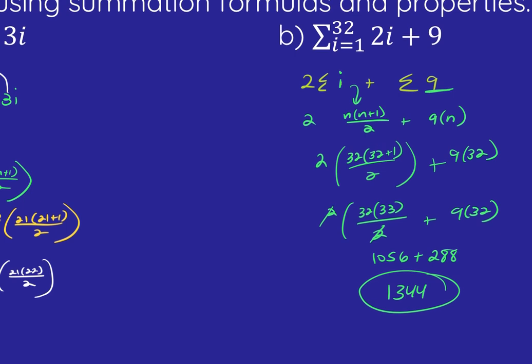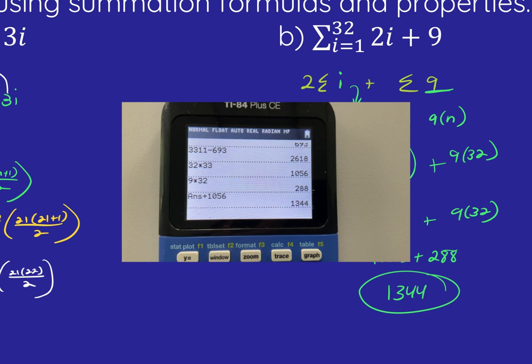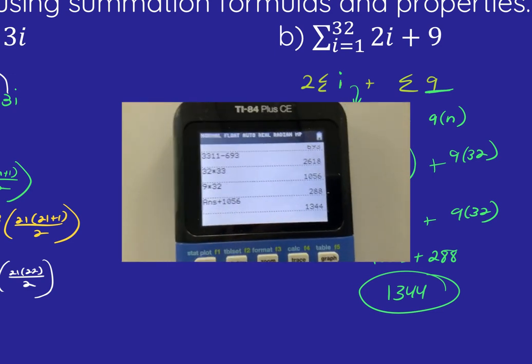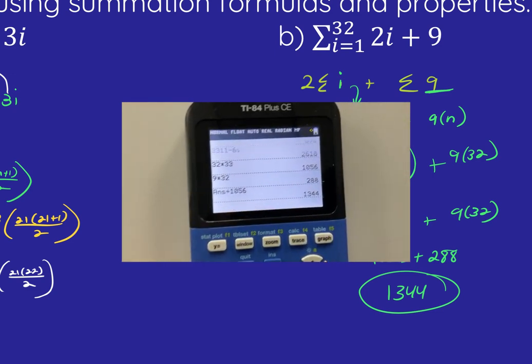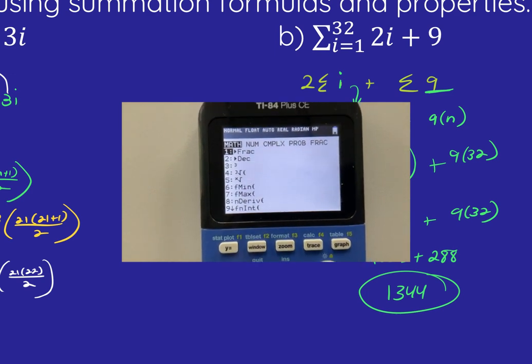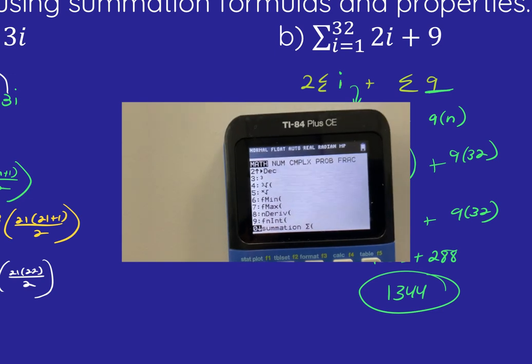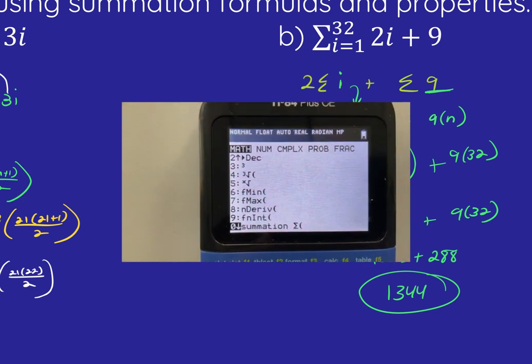Okay, so now I'll show you how to check it with your calculator. So if you have the TI-84, when you go to math, if you click the math button, and you scroll all the way down, I actually usually go top to bottom because it's faster. 0 has summation there.